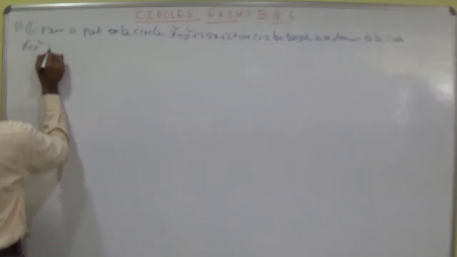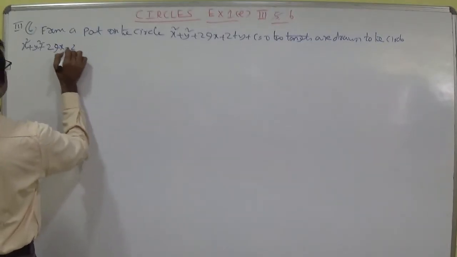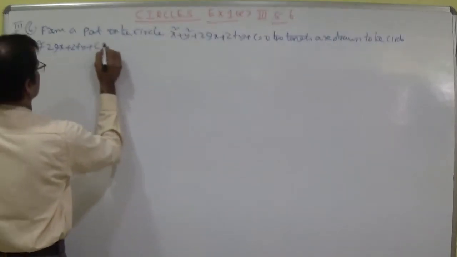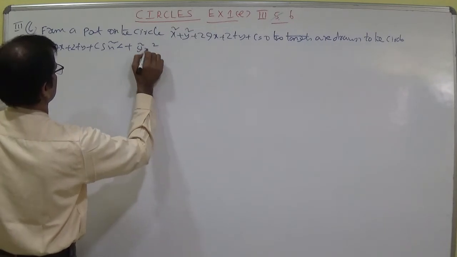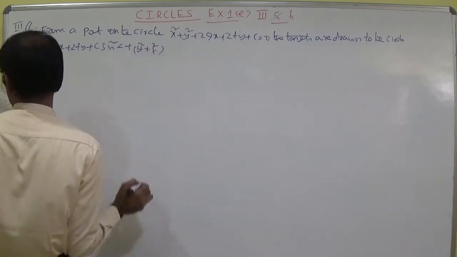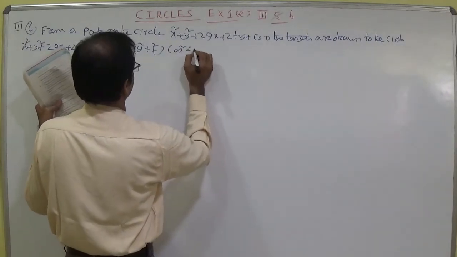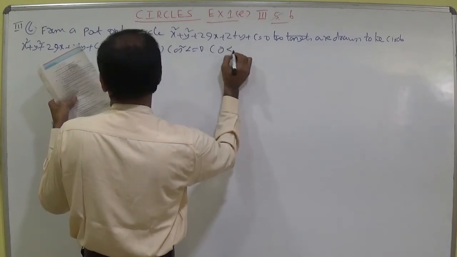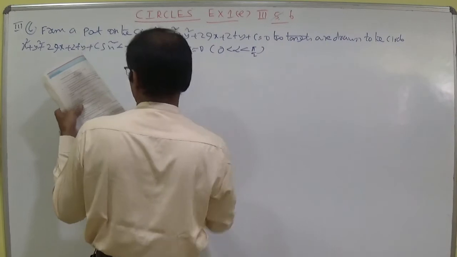x square plus y square plus 2gx plus 2fy plus c sin square alpha plus g square plus f square into cos square alpha equal to 0, where 0 is less than alpha less than pi by 2.